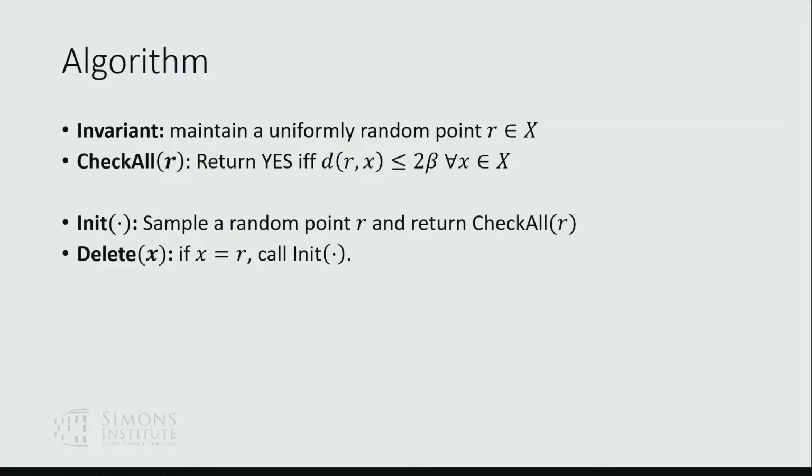Now, to support deletion, what we do is first check whether X, the one that you want to delete, is your random point R. If that is the case, then you just reinitialize your data structure. Otherwise, your random point is still there, and you do nothing.